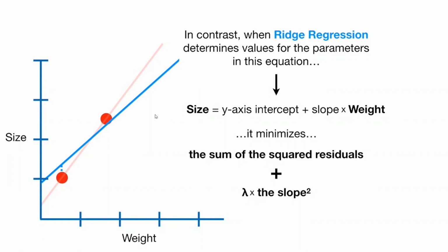Okay, so with the sum of squared residuals, we introduced something called lambda and the slope square. If you take slope as m, we introduced lambda times m square. So with y equals mx plus c, m is your slope, and we introduce lambda times m square.